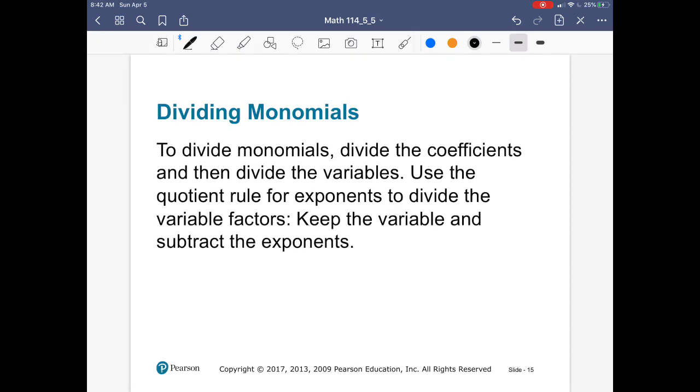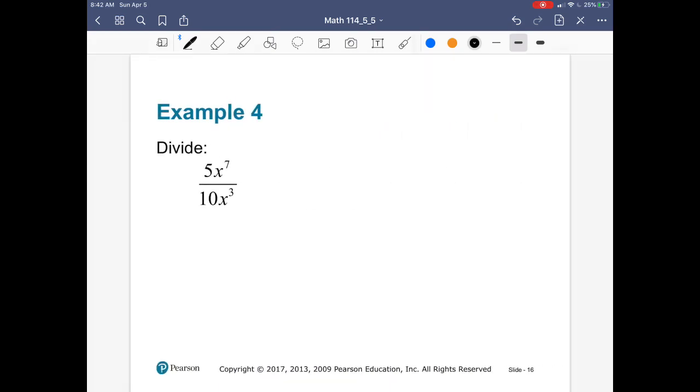Divide monomials. To divide monomials, divide the coefficients and then divide the variables, using the quotient rule for exponents to divide the variable factors: keep the variable and subtract the exponents. So here we have 5 times x to the 7th over 10x cubed. So this becomes 5 over 2 times 5 times x to the 7 minus 3.